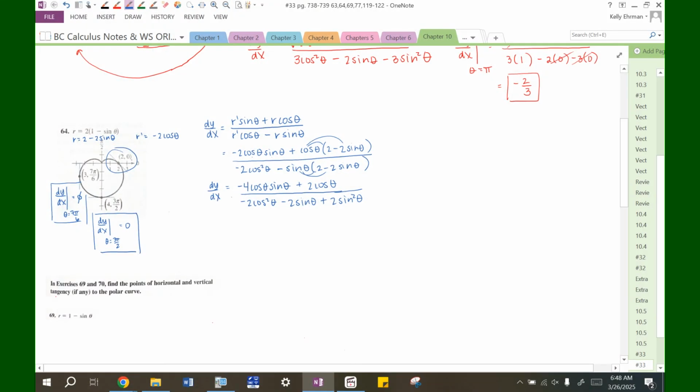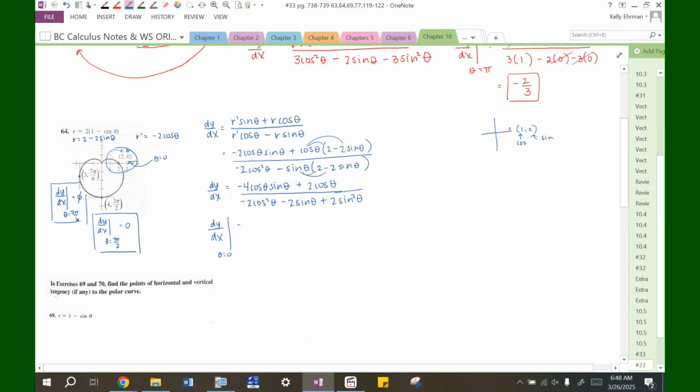And then this time, remember this is r theta, so the theta is 0. So we want to evaluate dy/dx at theta equals 0. And as I'm doing unit circle trig here, at angle 0, the ordered pair is 1, 0. So cosine is 1, sine is 0.